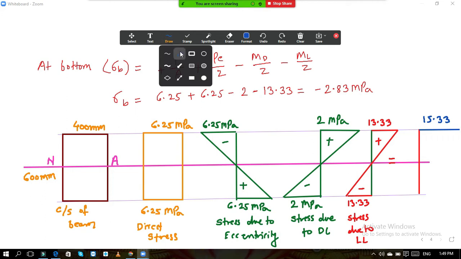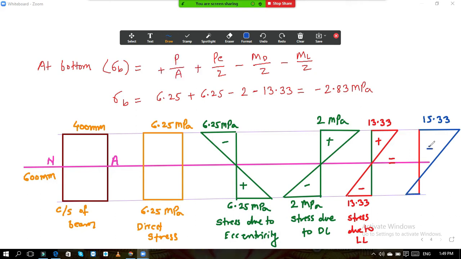And at bottom it is minus, so it will cross somewhere here, and the value is less. So this is plus and this is minus.